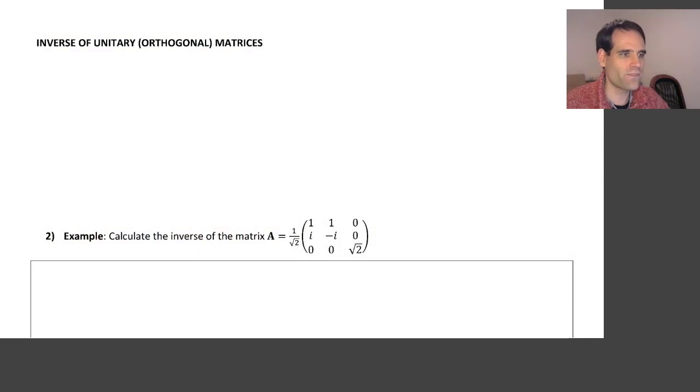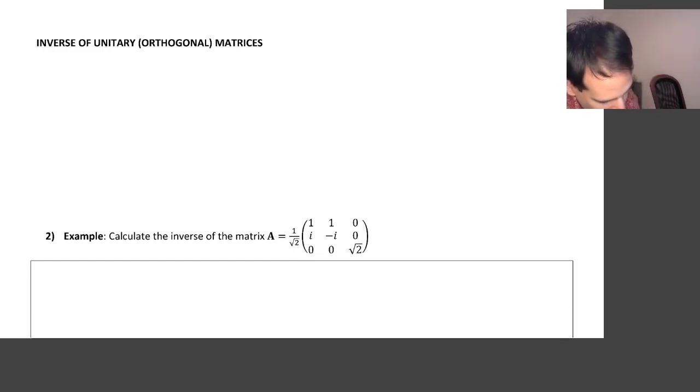So this is the case of unitary matrices. Do you remember what unitary matrices were? We could also call them orthogonal matrices when they are purely real. Yeah, but do you remember what they were? So let me refresh your mind.